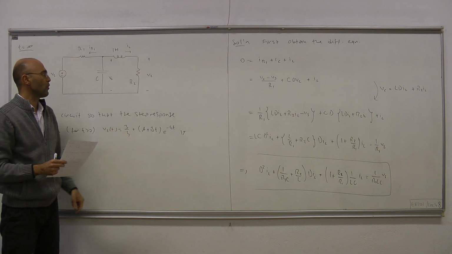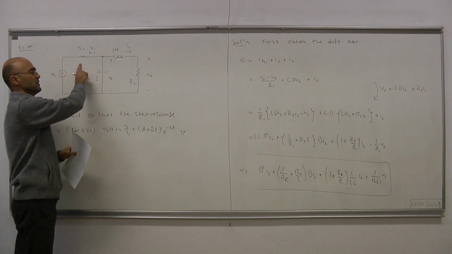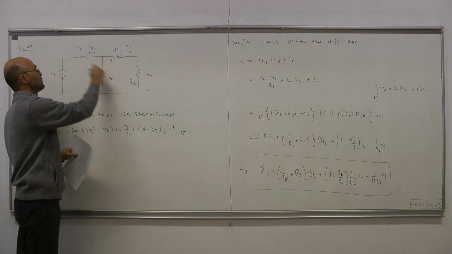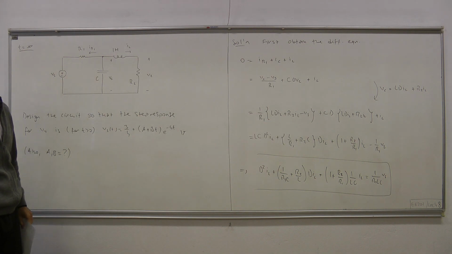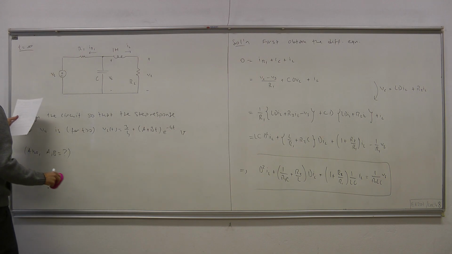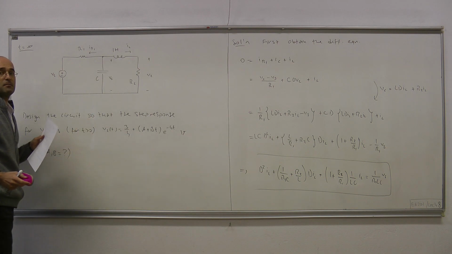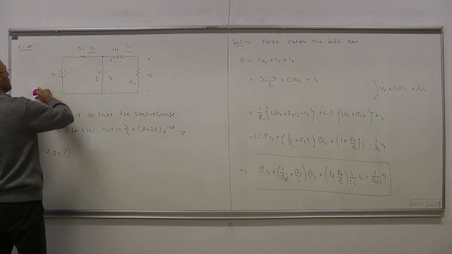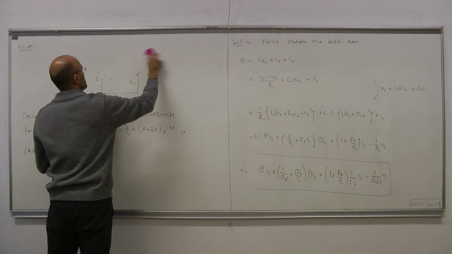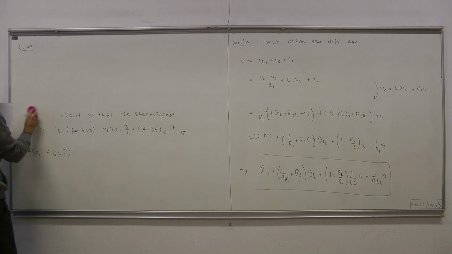And therefore 3 over 4 tells us the ratio of the resistances R1 and R2. So R2 divided by R1 plus R2 must equal 3 over 4. So that's some information regarding the parameters of the system. So therefore, let's draw the circuit. That's the state at t equals infinity.